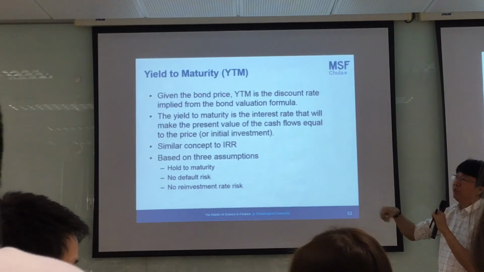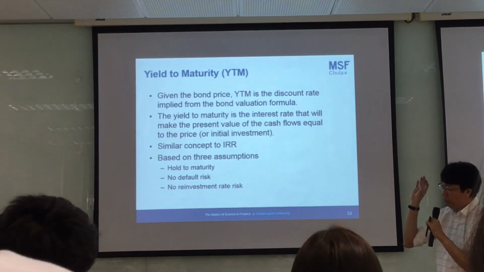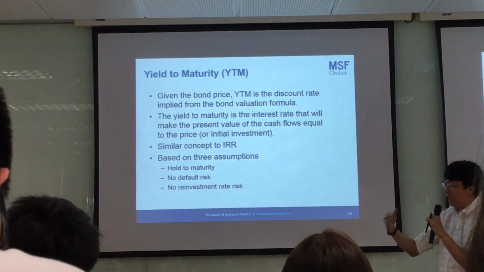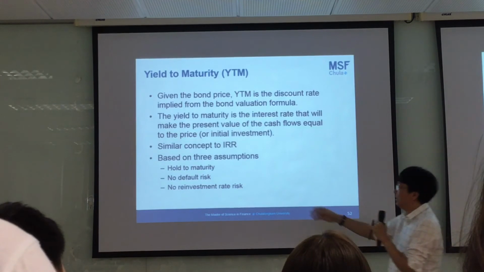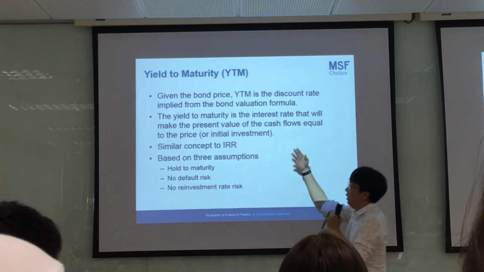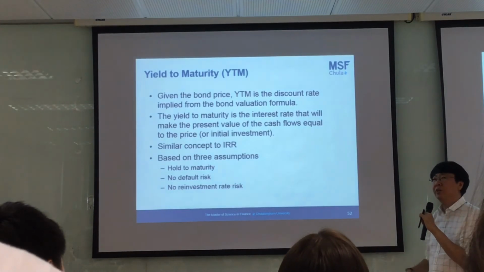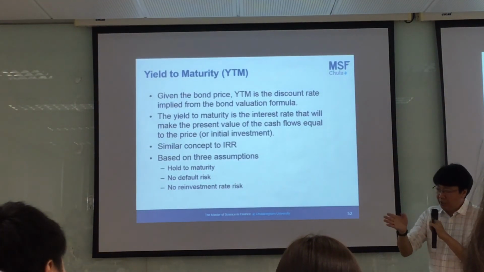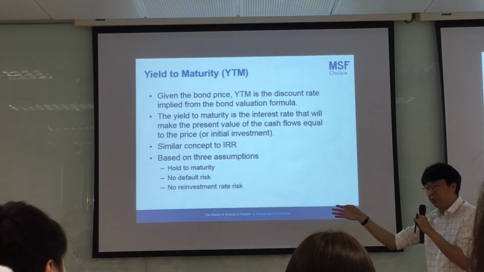IRR is the return if we invest in a project. Suppose we buy land, build a factory, and then generate cash inflow from the project. What is the return from this project? This is called IRR. However, in bonds we use another term, yield to maturity, but it is exactly the same thing. It's just the discount rate that makes the cash inflow equal to the cash outflow, the investment equal to the return.